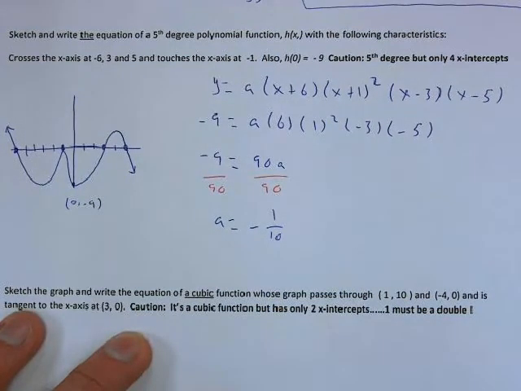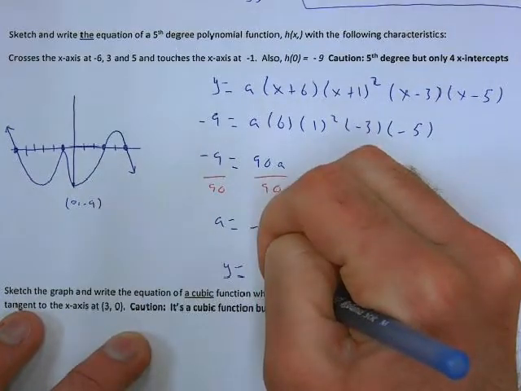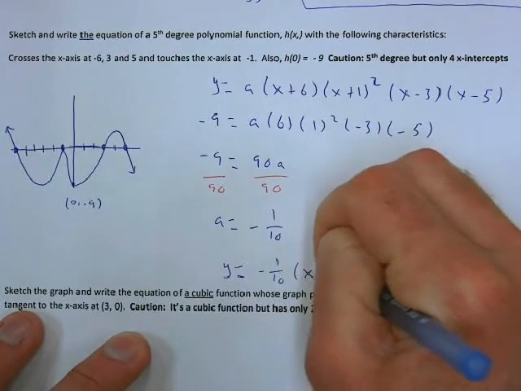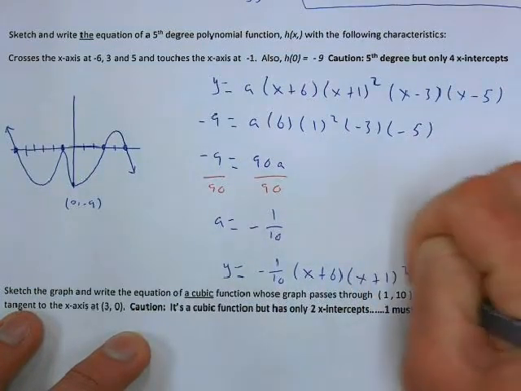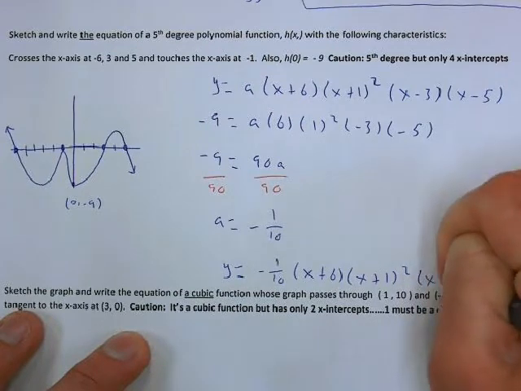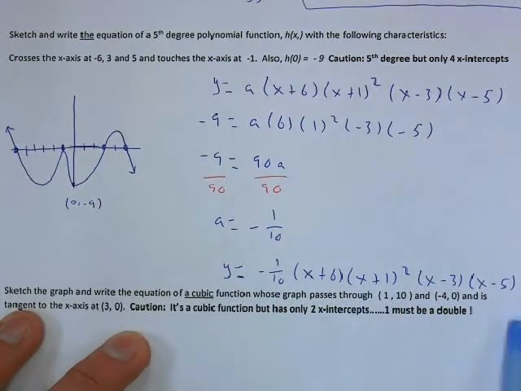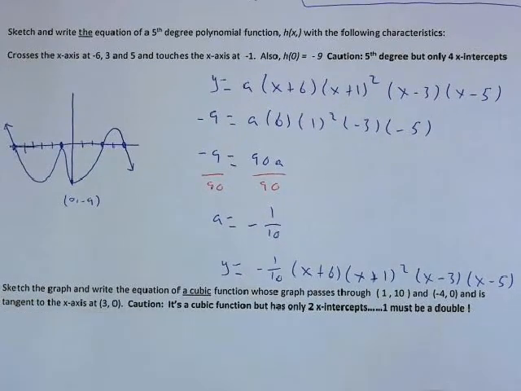Okay, and then we can plug that into our equation, and we get y equals negative 1/10 times x plus 6 times x plus 1 squared times x minus 3 times x minus 5. And the order of your factors, and even technically the a value, doesn't matter. We're just kind of going from left to right with our intercepts. Okay, and there's our equation.